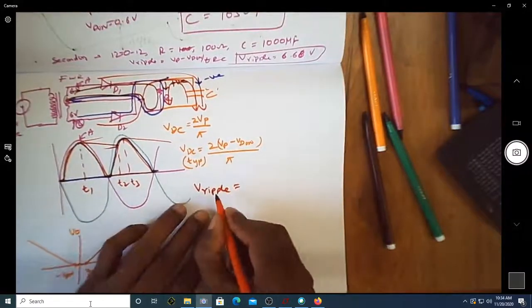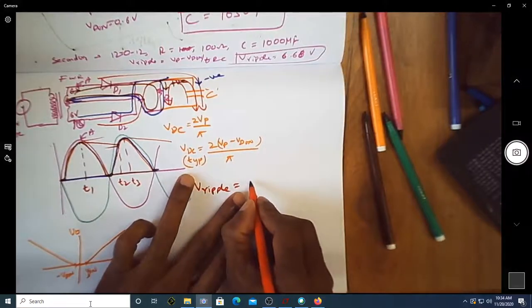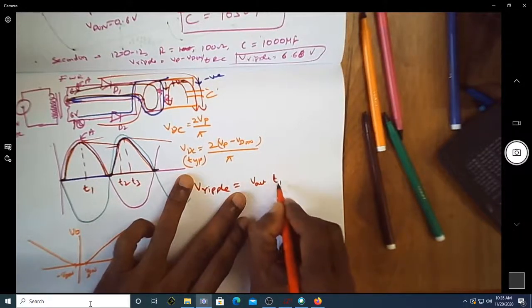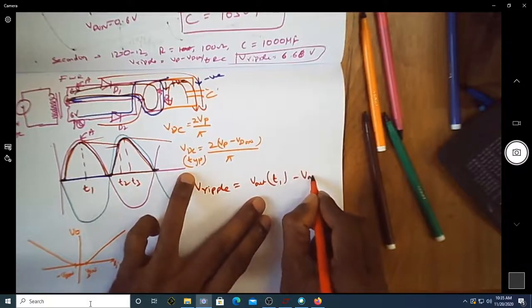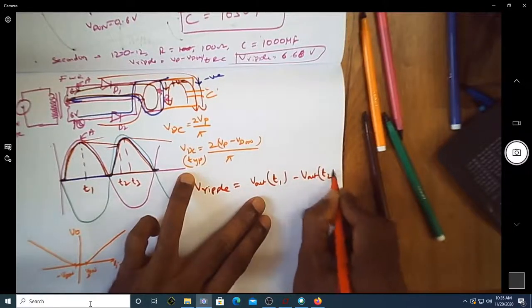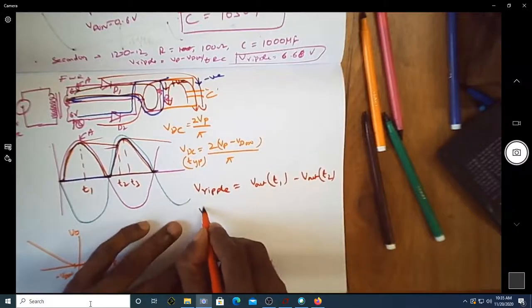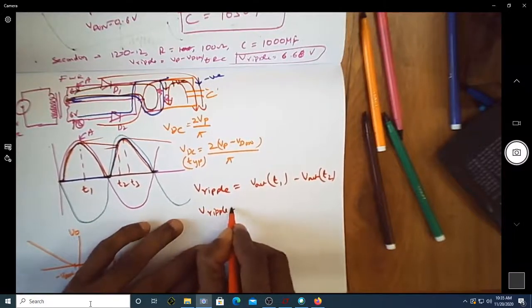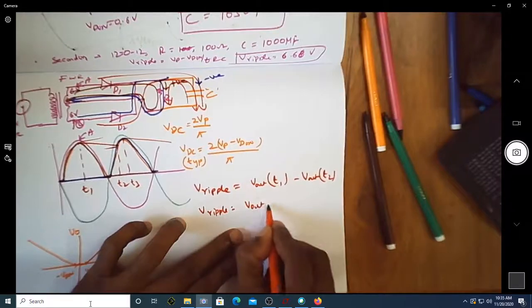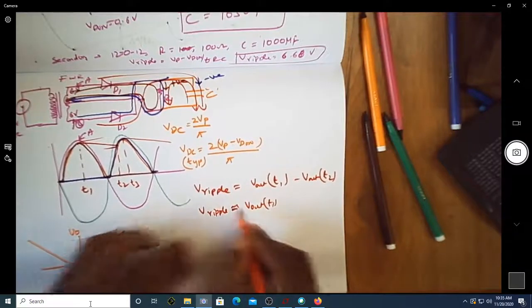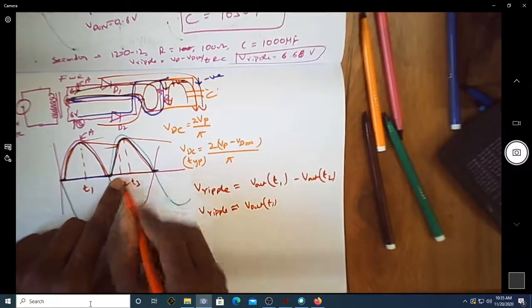So as we did over there, I can write the ripple voltage as V out at T equal to T1 minus V out at T equal to T2, or approximately V out at T1 minus V out at T3. When I say approximately, I take this time almost close to this.